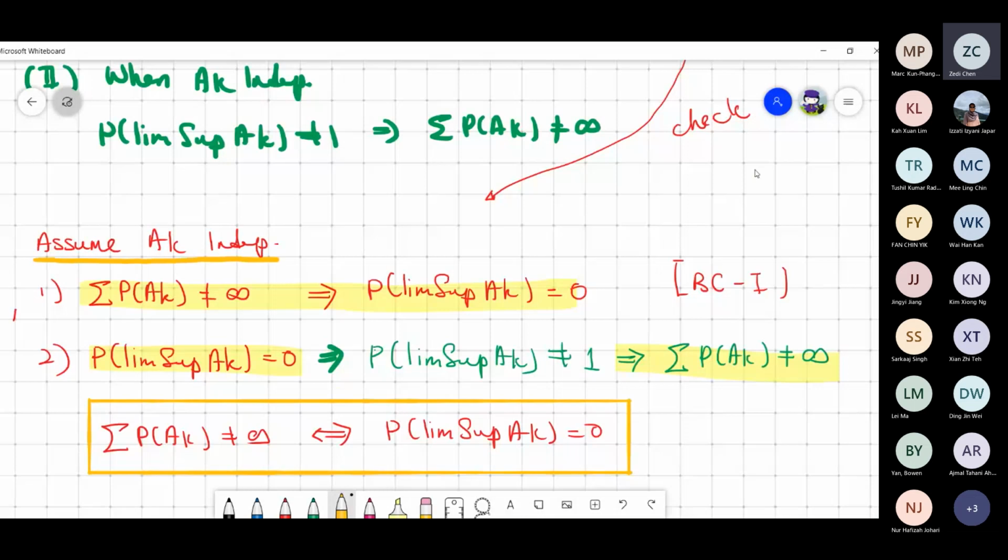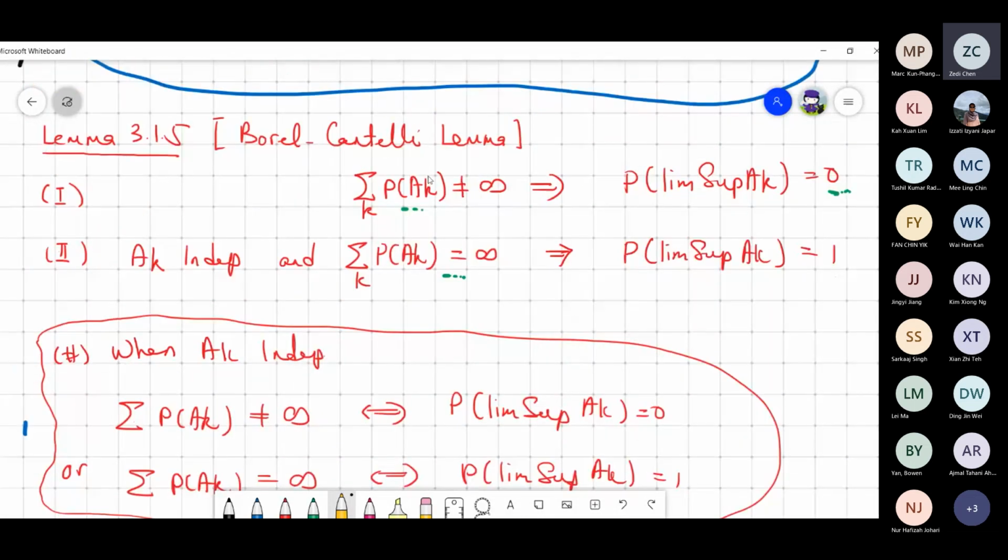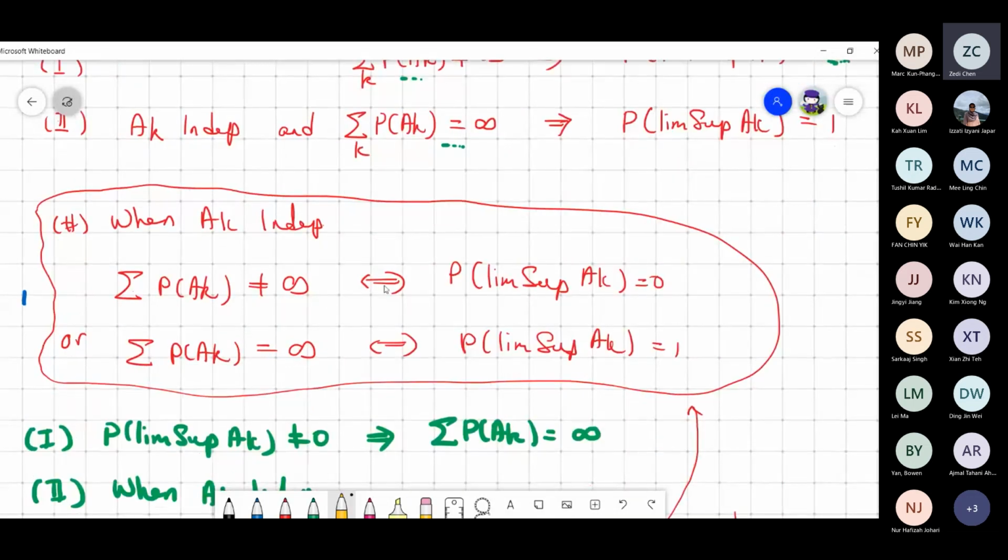Okay, so this is why, although both original statements are one direction only, left to right, if we impose this additional condition, AK always independent, into the first statement, then I have two directions over here. When this is independent, these two are equivalent. 0, it must be not infinity.